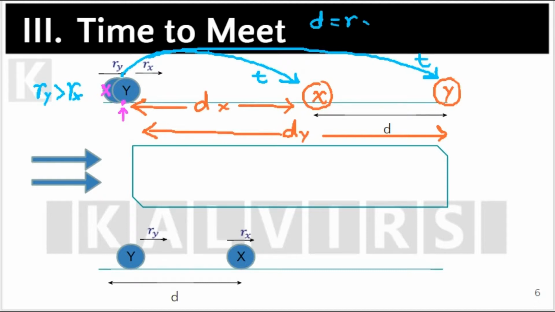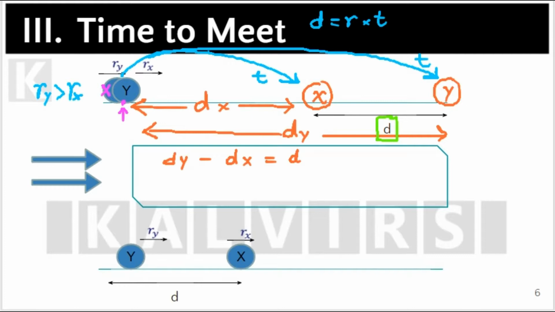Remember that the distance is the rate times the time. So here we get the following. The distance traveled by car Y minus the distance traveled by car X is d. This is the distance they are separated after a couple of minutes or seconds or hours.